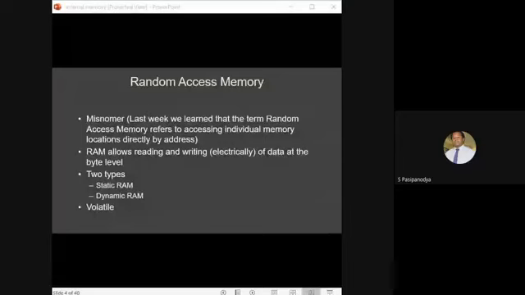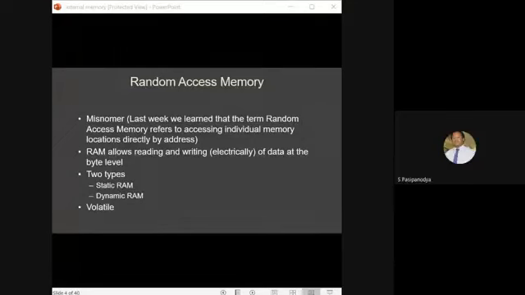Any idea what the static RAM does and any idea what the dynamic RAM does? I'm sure you did this in your first year. A static RAM is volatile, whilst a dynamic RAM is non-volatile.